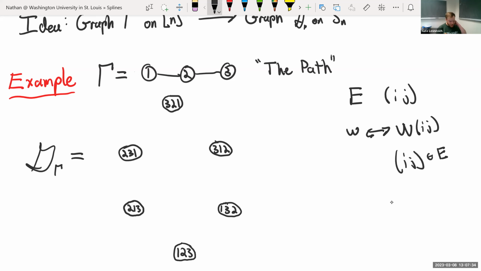So I have written here S_3. I'll write for you the path example. We're allowed to multiply by (1 2), i.e. switching the first two elements in the permutation we see. And we're allowed to multiply by (2 3), i.e. switching the right two elements in our permutation.